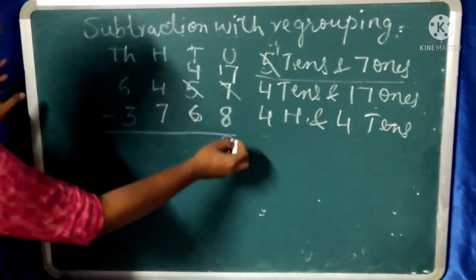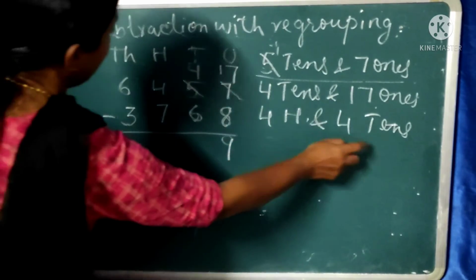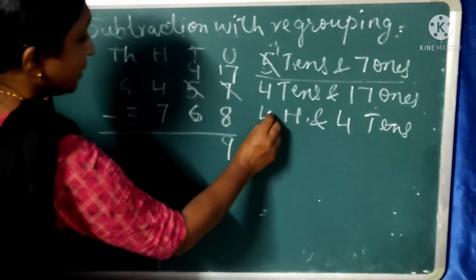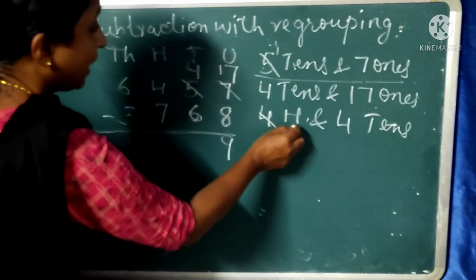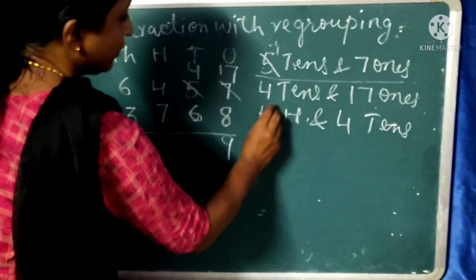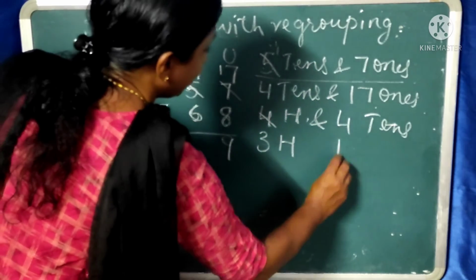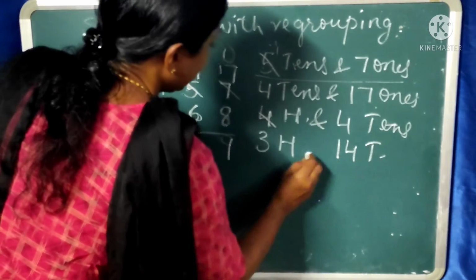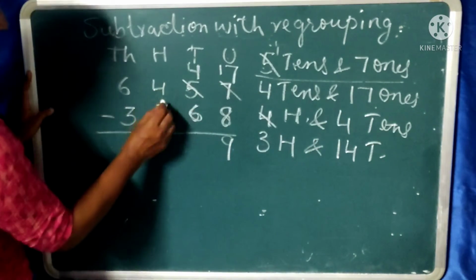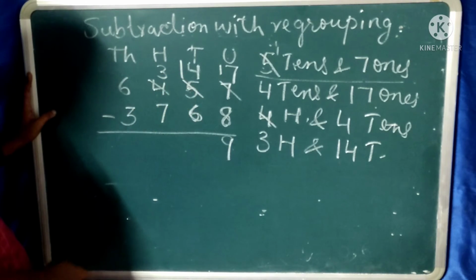When we regroup, from 400s we carry 100. So it will become 300s and this will become 14 tens. So write here 300 and 14 tens.